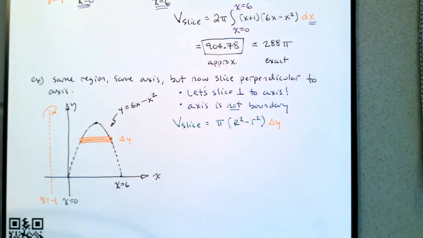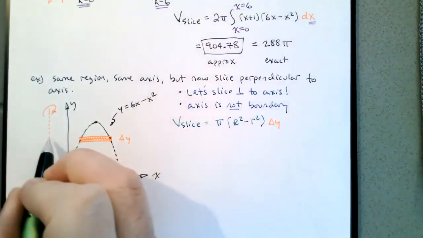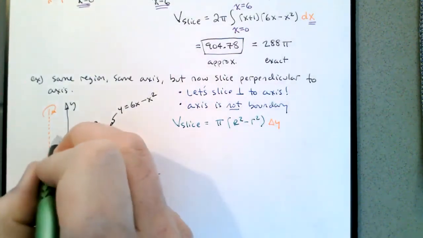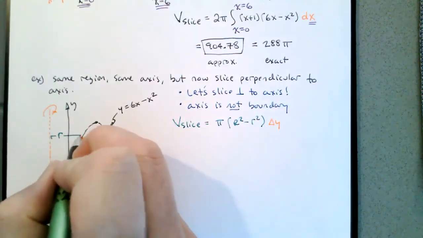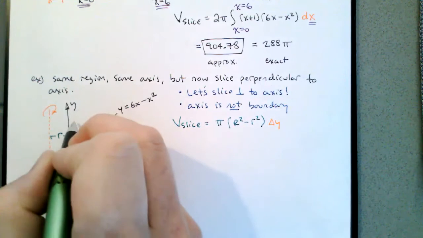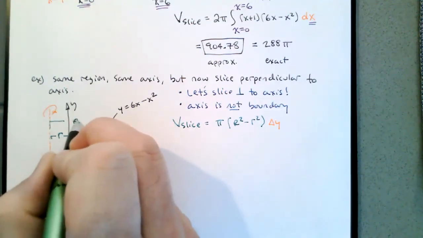So now what we need to do is label the big R and the little r. The little r is the distance from the axis of rotation to the near end of the slice. And big R is the distance from the axis of rotation to the far end of the slice.